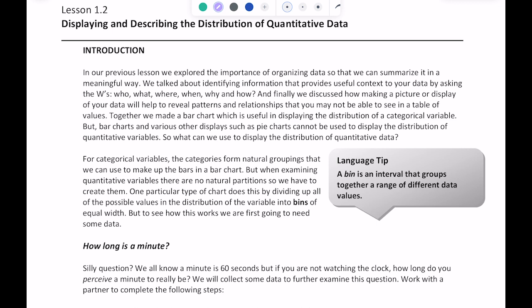Let's say I want to find average temperatures or the median temperature of a year. Then I'm looking at quantitative data and I need to construct a different type of graph. And we need to partition the data into what we call bins. So a bin is just an interval that groups together a range of different data values.